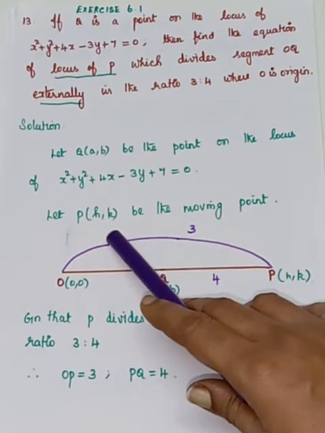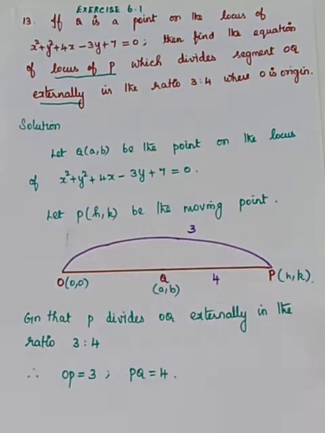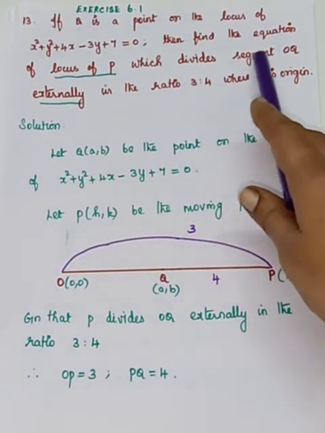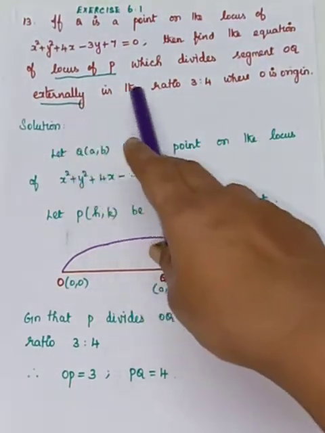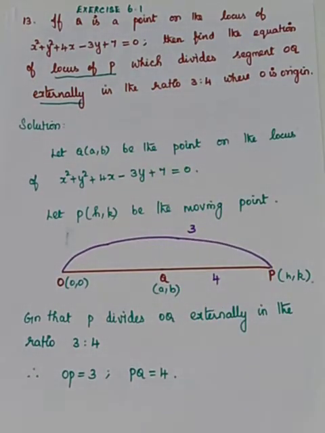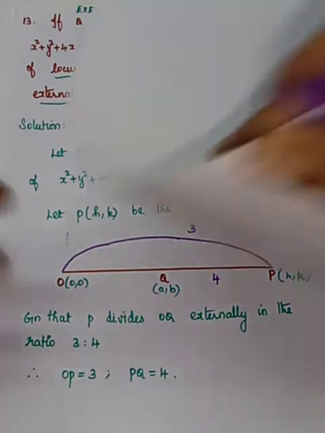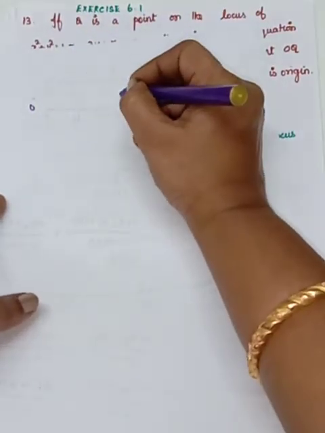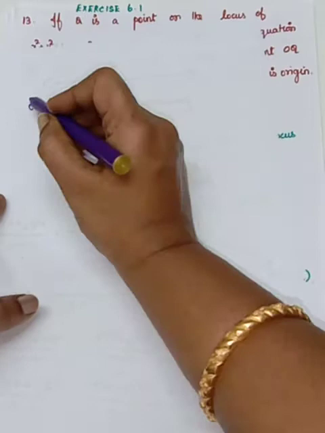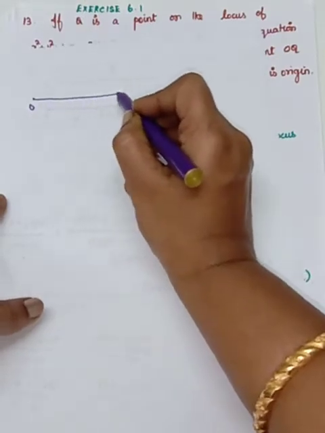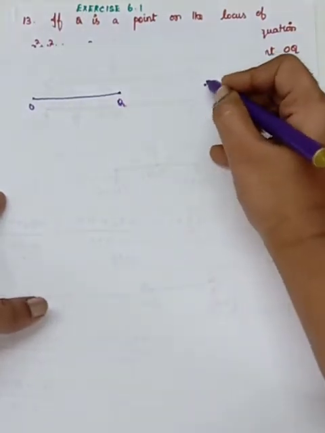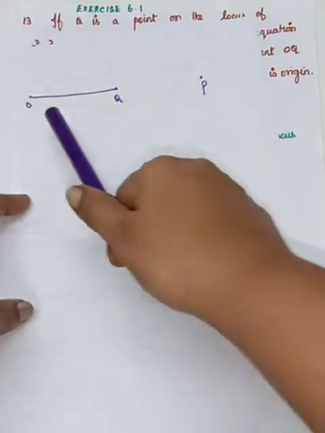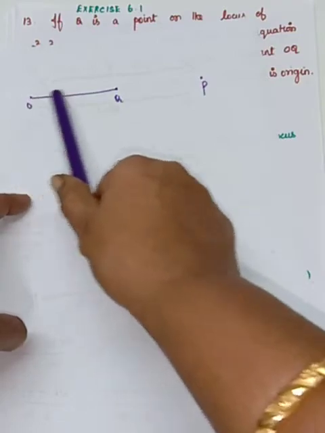Now, this P point divides the segment OQ externally in the ratio 3:4. You see now here, this is your O point, and here suppose you are having Q, so this line segment is divided by the point P externally. So, P does not lie on the line segment OQ.